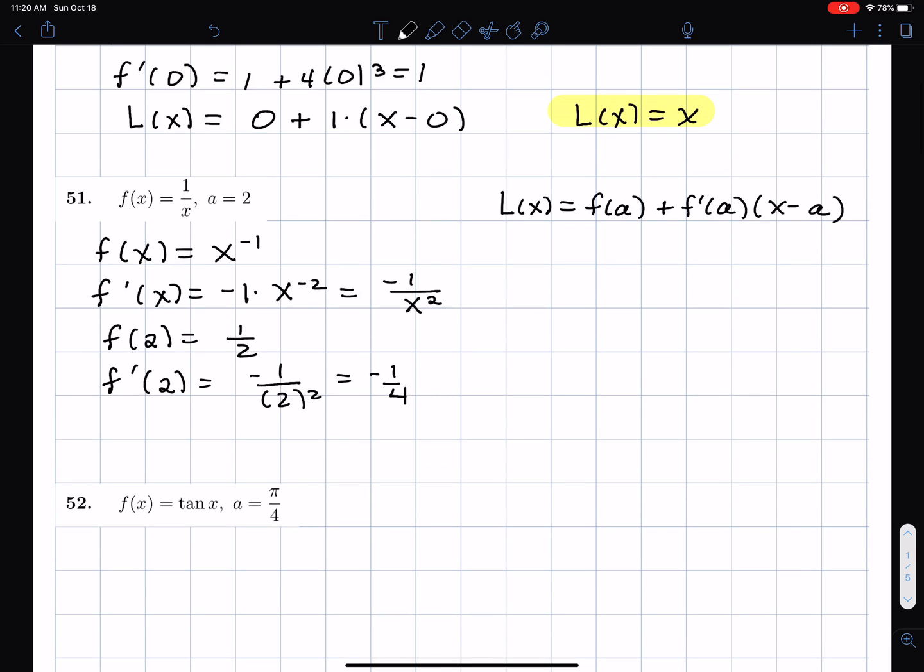All right, so then we go ahead and use this formula, L of x equals f of a, which is 1/2, plus f prime of a, which is negative 1/4, and then we have x minus a. Now the question is, is that enough, or should we simplify this?